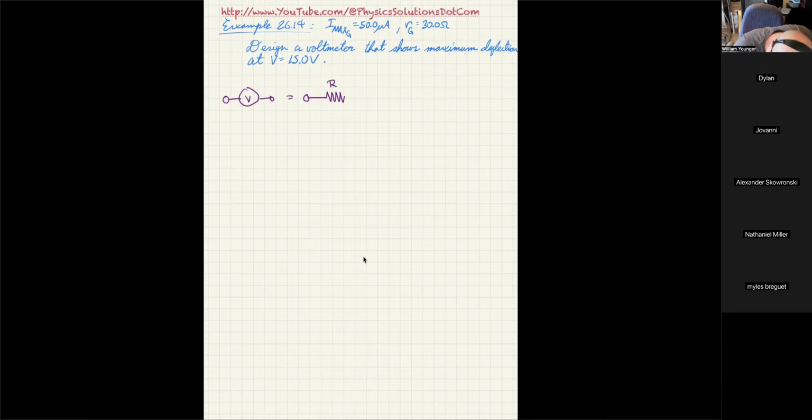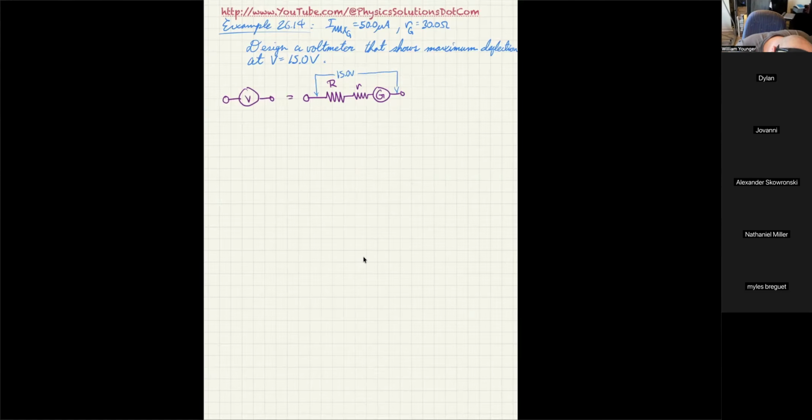I'm just going to call this R, and then it runs into the galvanometer resistance, lowercase r is what I've been using, and then that runs into the galvanometer, and then there's your terminal. What we need is the entire voltage across it all to be 15 volts. So 15.0 volts is equal to that.